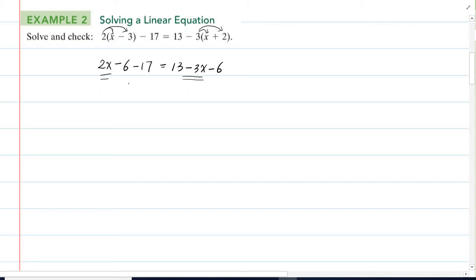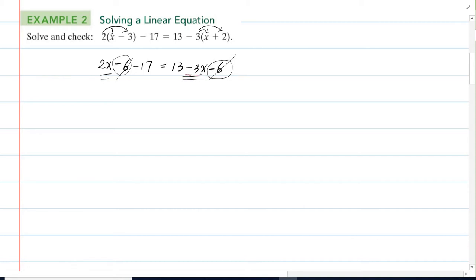But before we do that, we realize we have a negative 6 right here and a negative 6 right here. They're really just going to be gone, because if you add 6 to both sides, since they're the same numbers, we can just get rid of them right now.